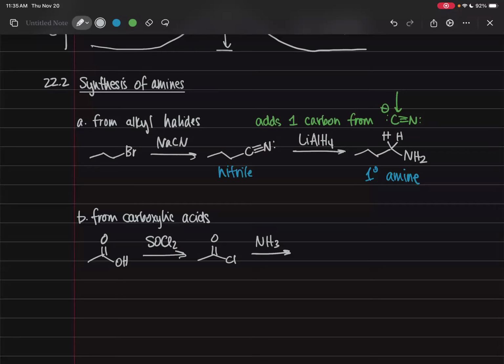What functional group do we get now? Yes. But attached to the carbonyl, that's an amide. And then we reduce with lithium aluminum hydride. And we get our primary amine.